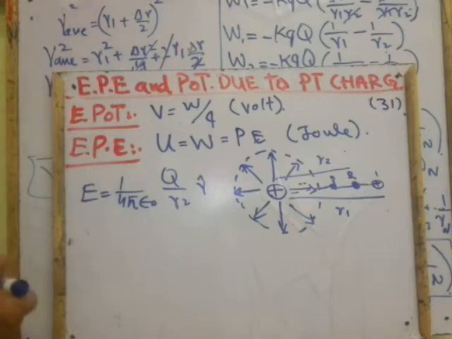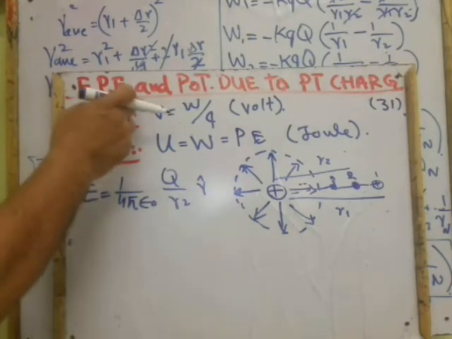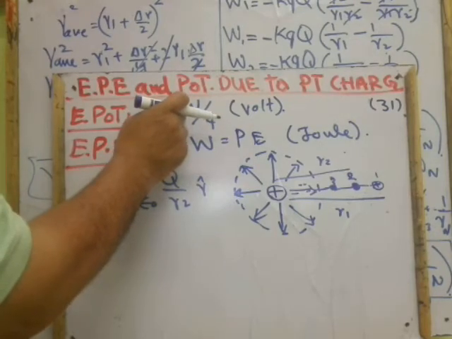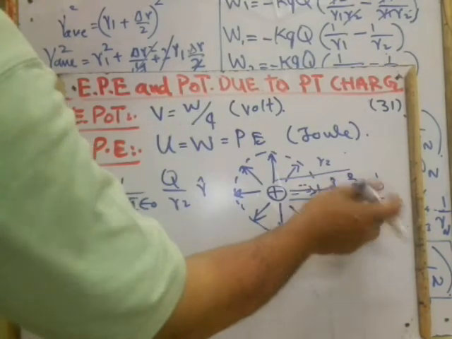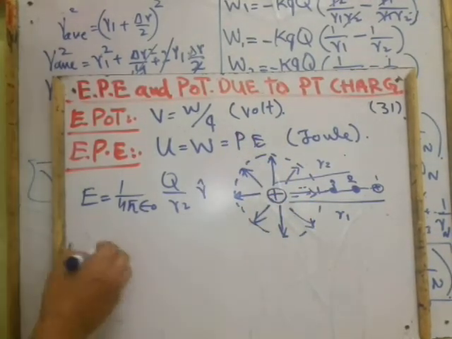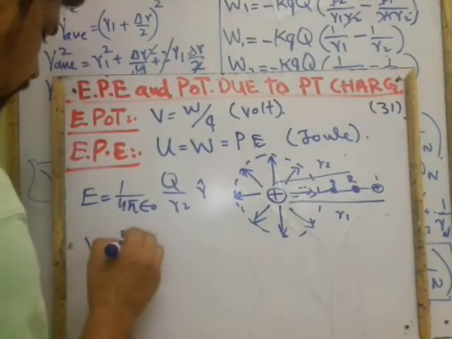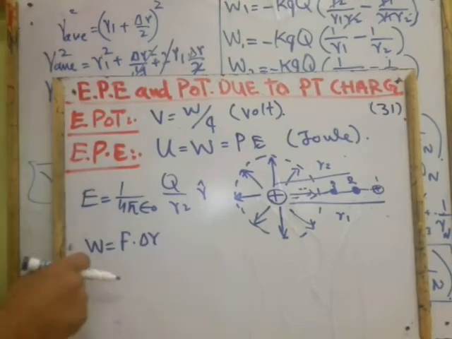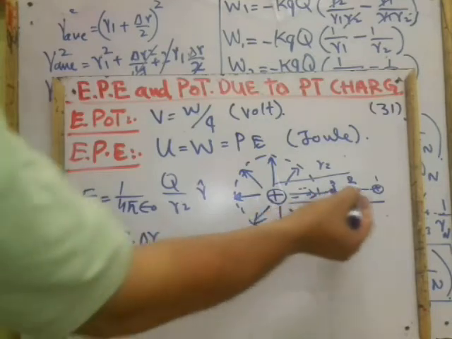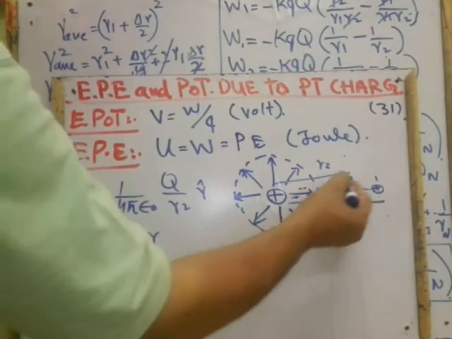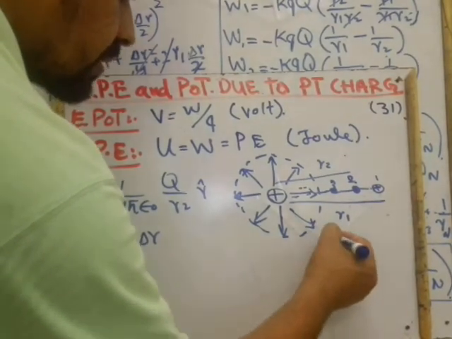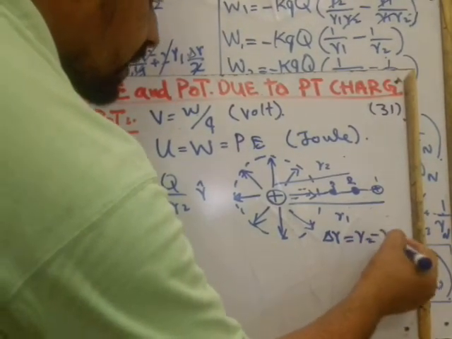In order to calculate electric potential, we need to calculate the work done on this test charge in taking it from point 1 to another point inside the field. So W is equal to F into delta R, where F is the force used for doing work and delta R is the change in position. The displacement is delta R equal to R2 minus R1.